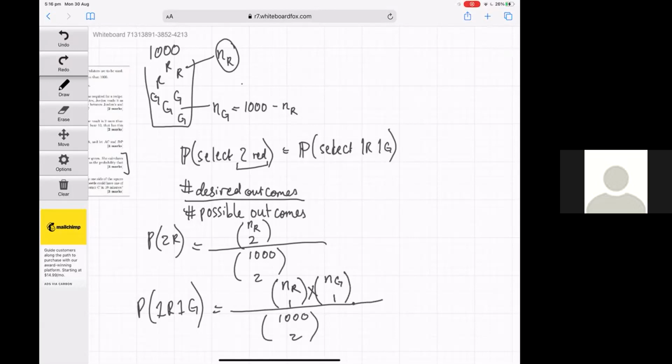So intuitively, we always know that n choose 1 is always n. So this numerator is nr times ng. And intuitively, it does make sense that there are that many possible pairings of the red and green marbles.